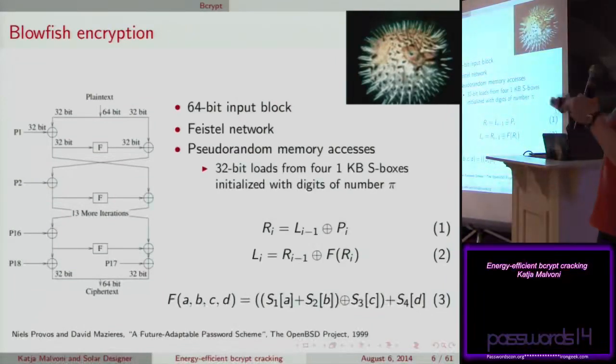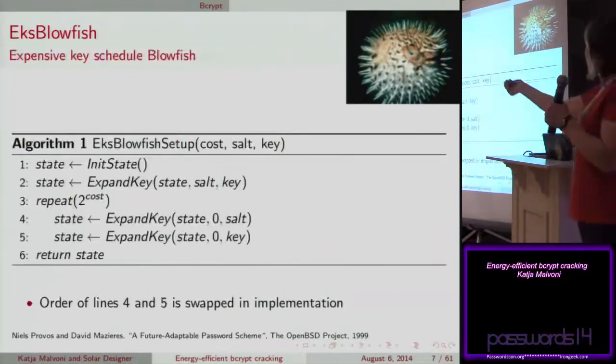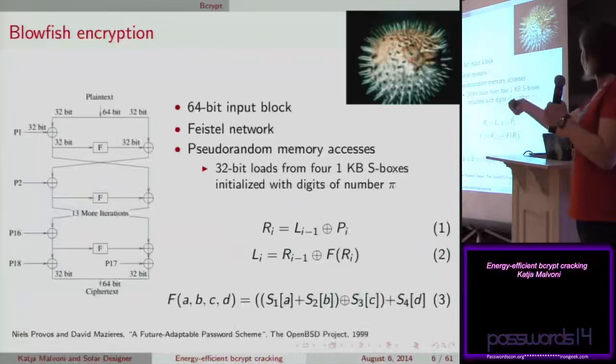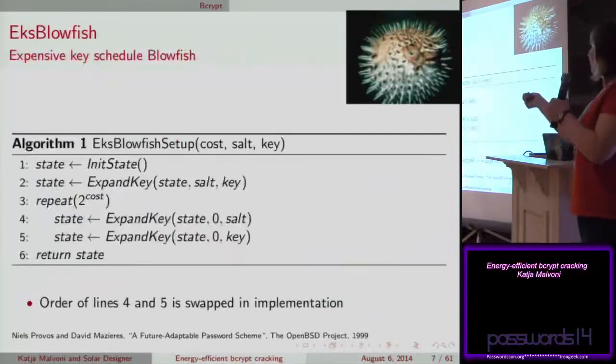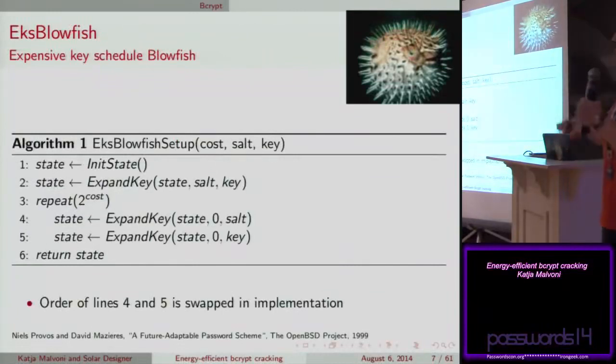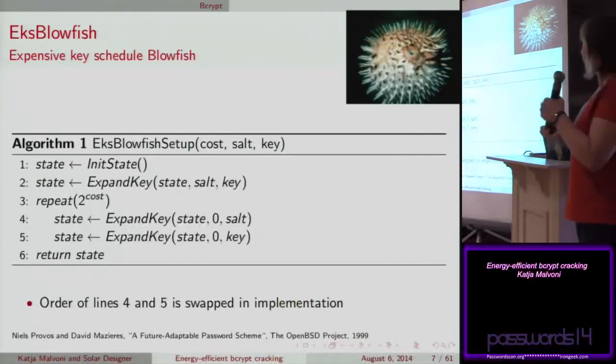So this whole thing is used in the expand key function, where Blowfish encryption returns 2 values, left and right, and it changes the state 2 by 2. And the state is defined by the contents of the S-box, 4 kilobytes large, and the P-box, 72 bytes large.